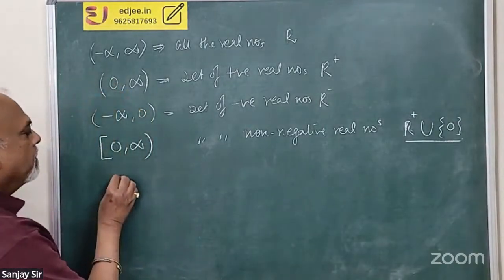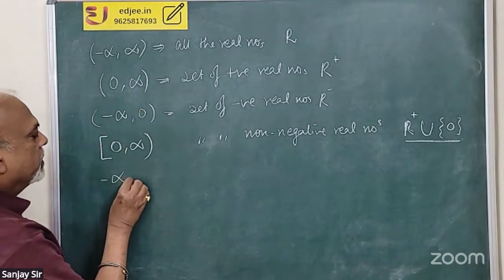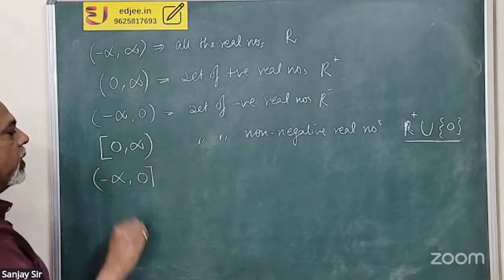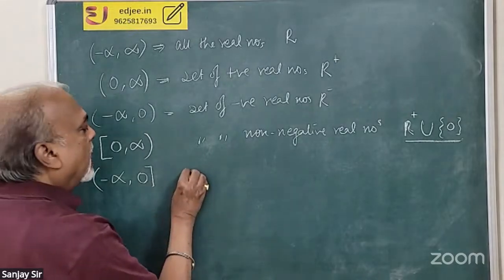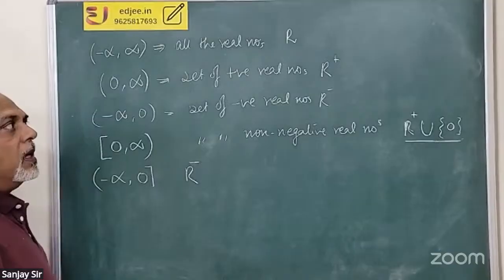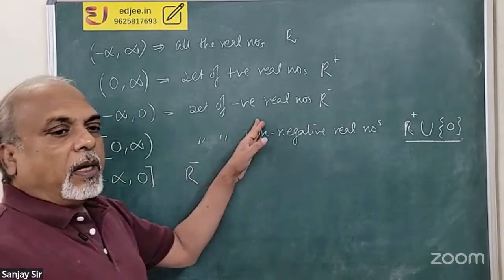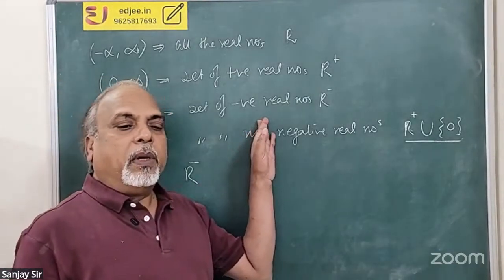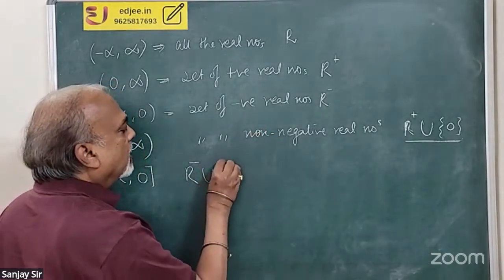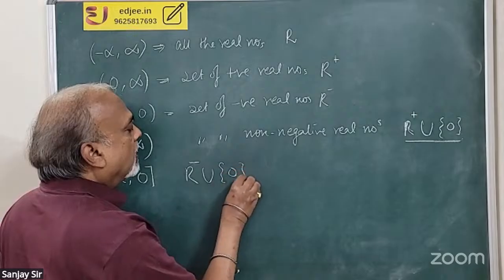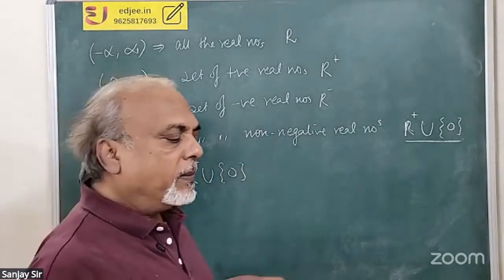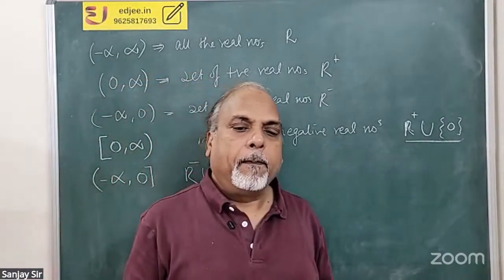Likewise, what is this? This is basically set of all negative real numbers union zero. This is a difference, correct?